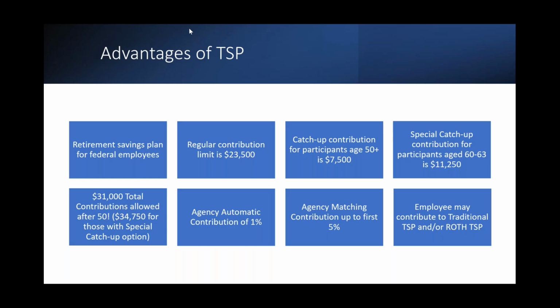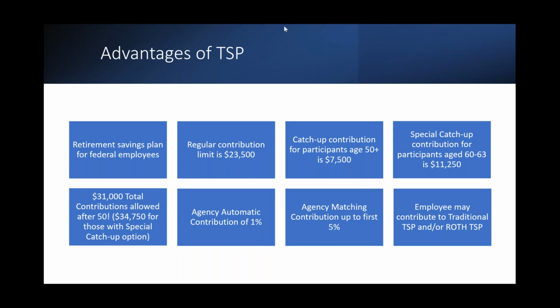I see a lot of federal employees utilizing that special contribution of $11,250 to really boost up TSP while you still have the opportunity, before it completely goes away and you're completely retired. So again, I don't know if that's going to work for you, but I just want to give you some strategies that I'm seeing throughout this year with a lot of changes being made, obviously.